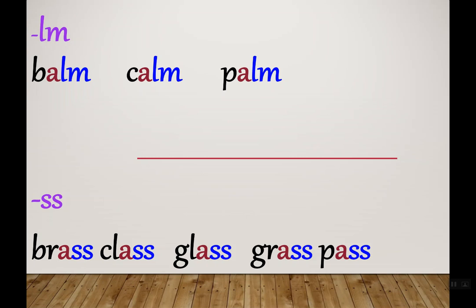For example, the word ass is not pronounced with the R sound. The word mass is not pronounced with the R sound either. So it is only in these 5 words that after A you have SS and the pronunciation is R.